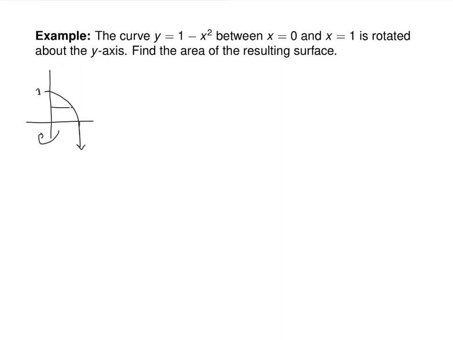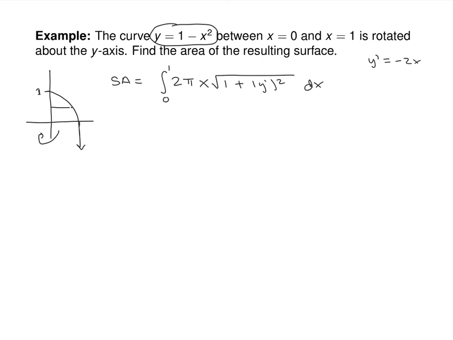Okay, so here my surface area integral, I'm going to fill in the bounds later, so 2 pi distance out, x, that's the circumference, times the length square root 1 plus y prime squared. And because this is already solved for y, I'm going to use x's. Let's just say dx, and we'll say x equals 0, x equals 1. And now then y prime is negative 2x, so y prime squared will be 4x squared.